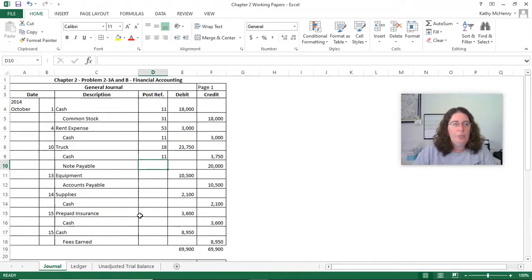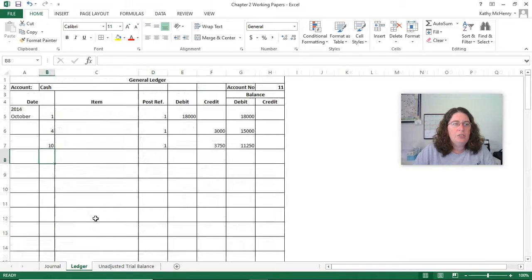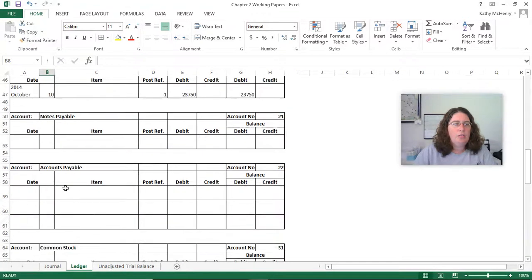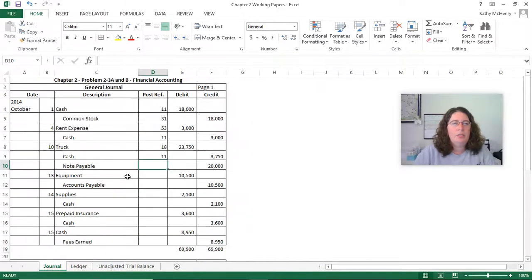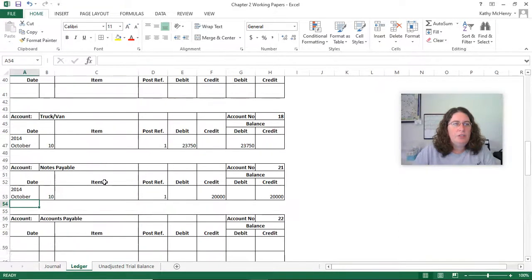I had a note payable for $20,000 on the 10th, so I'm going to go find notes payable. And again, the very first line of each one has to have that year on it. Oh, that's too many zeros. Okay. That is account number 21. 13th, equipment, 10,500.